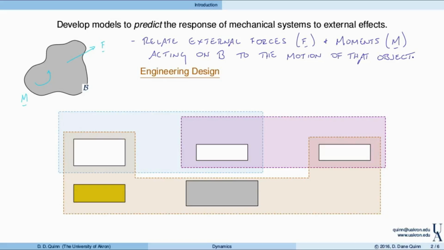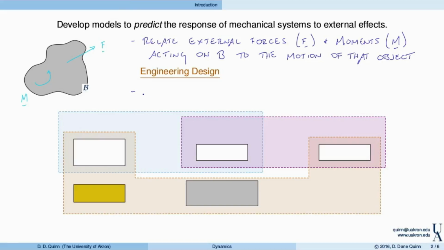And so why would we want to do this? Well, engineering is ultimately about design. So engineering is about making things better, coming up with solutions, improving existing items, basically designing and redesigning systems. So how does this idea of dynamics and developing models to predict the response of mechanical systems fit in with engineering design?